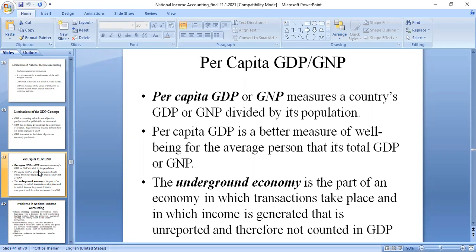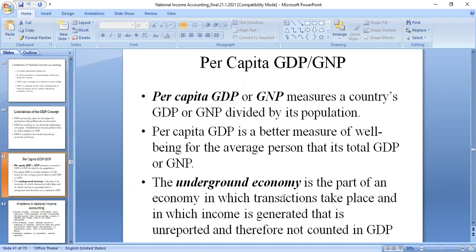You get the total value of the gross national product divided by the population of that country, right? So the per capita GDP is a better measure of the well-being of the average person than total GDP or GNP. So it helps us to know, for example, how much money should each Ugandan have, right?